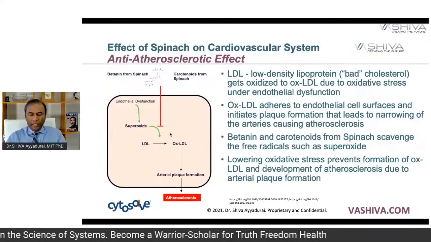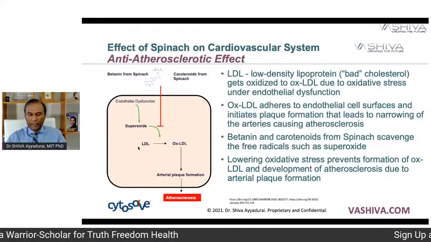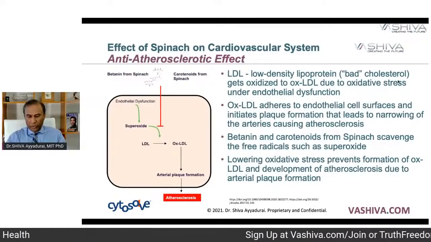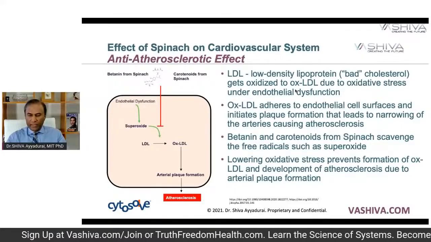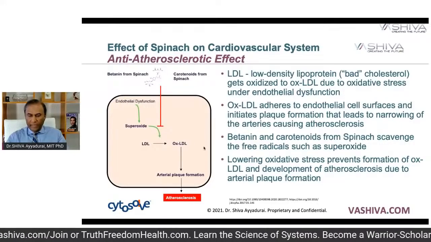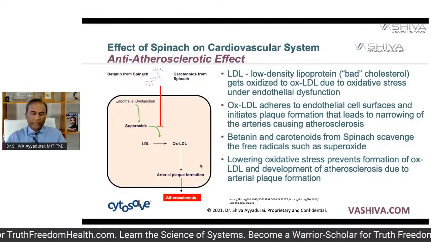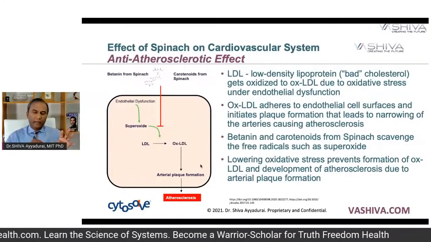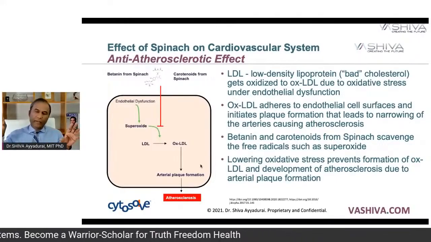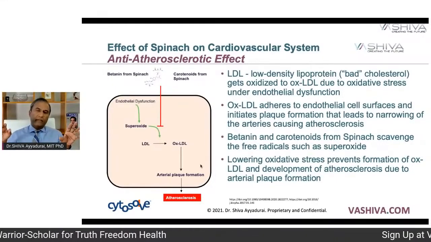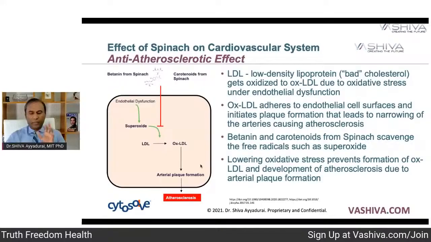Blocking that is extremely important because with superoxide, LDL, which is low-density lipoprotein, the bad cholesterol, gets oxidized to OX LDL, which is the oxidized form of LDL. And this is what causes plaque formation. So again, LDL, the bad cholesterol, in the presence of superoxide creates the oxidized version of LDL, and that is what causes plaque formation.